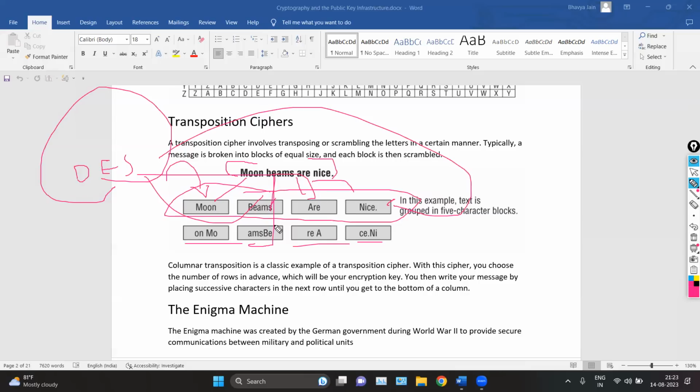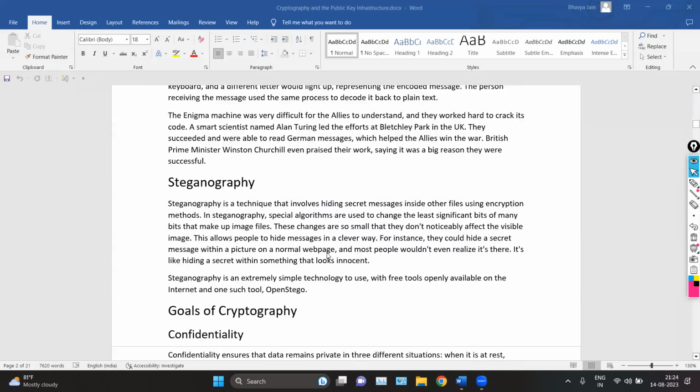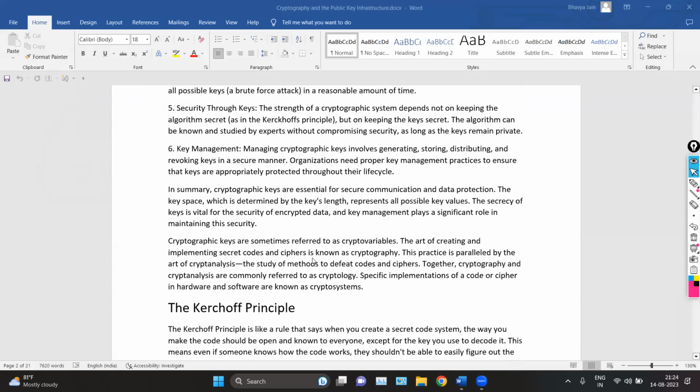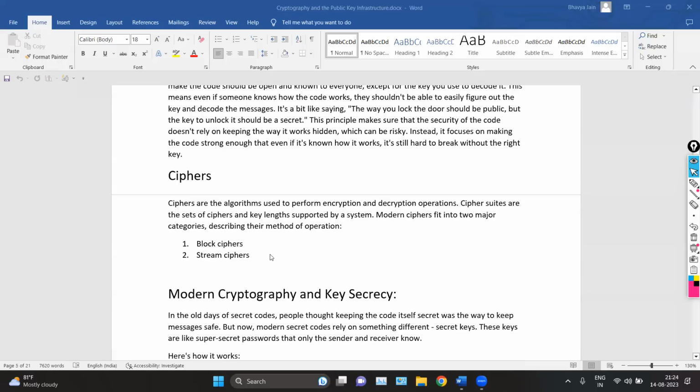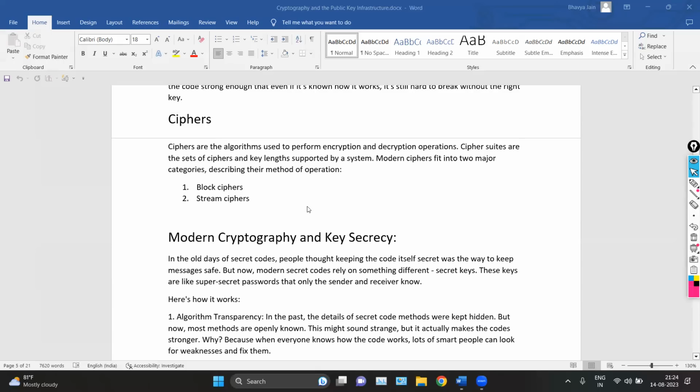Then we have stream ciphers. Stream ciphers operate on one character or a bit of the message. It is like converting your message one by one. Let's say you have the word apple and you want to encrypt it.